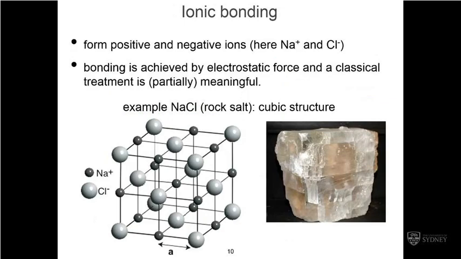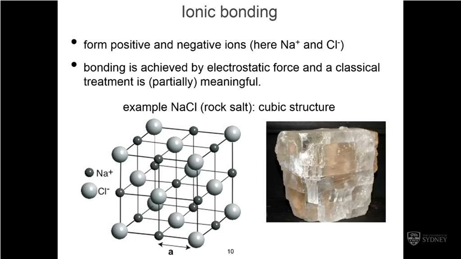Ionic bonding here. The typical example is sodium chloride, and it has a rock salt structure. The sodium atoms are represented by the little spheres here, and the chlorine by the large spheres. The sodium atom has one electron in its outermost shell, and it basically donates that to the chlorine atom.